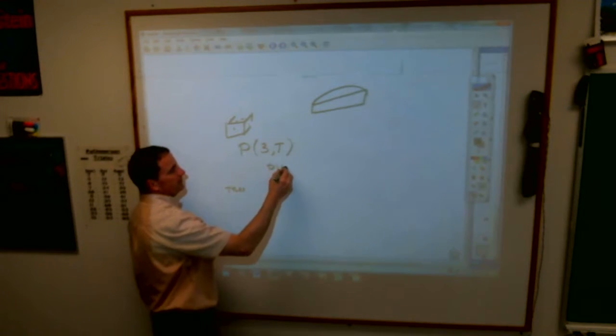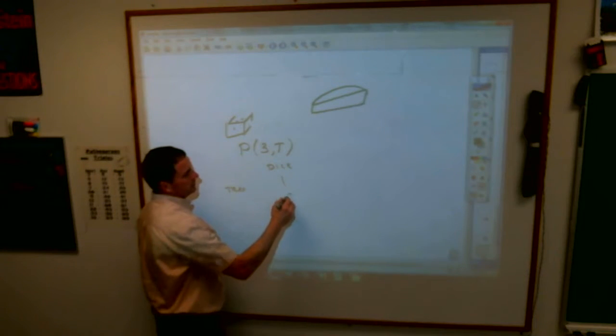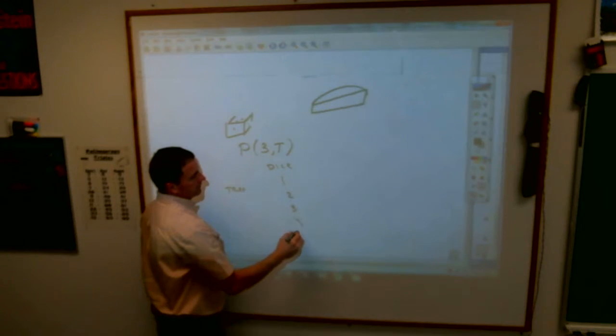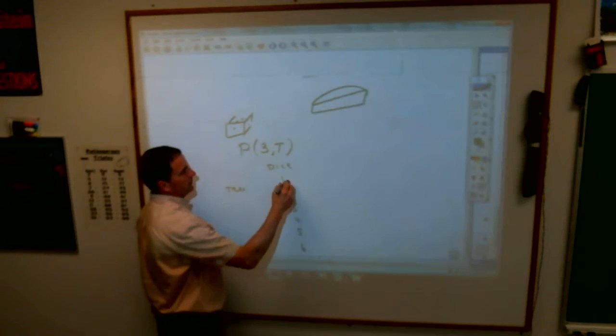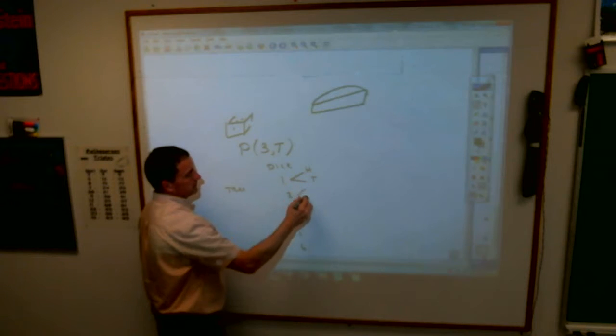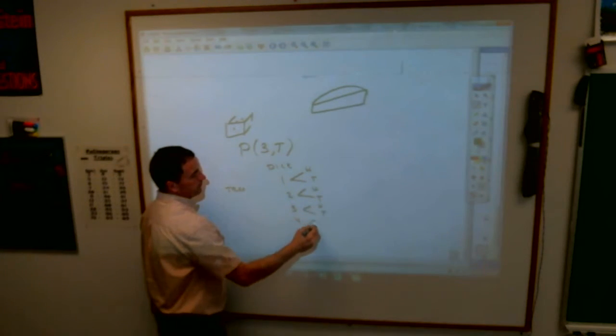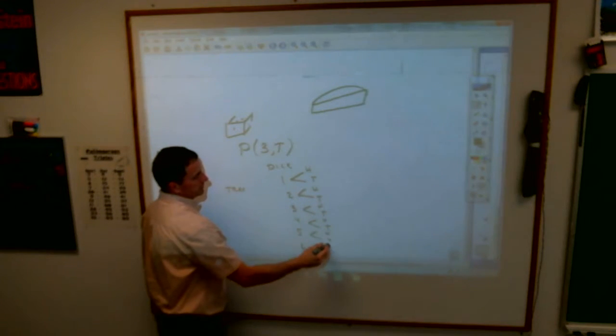For my dice, how many possibilities do I have? You can roll a 1, a 2, a 3, a 4, a 5, or a 6, and then off of each one of those you can flip and get a head or a tail.